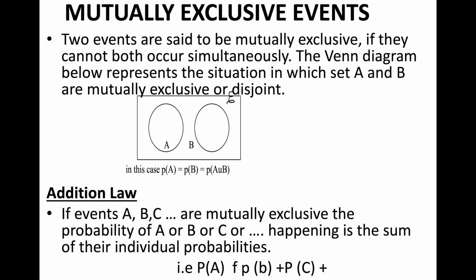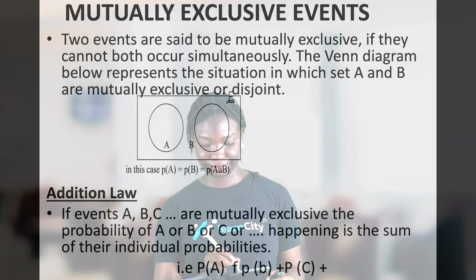Now, two events are said to be mutually exclusive if they cannot both occur simultaneously. The Venn diagram below represents the situation in which sets A and B are mutually exclusive or disjoint.